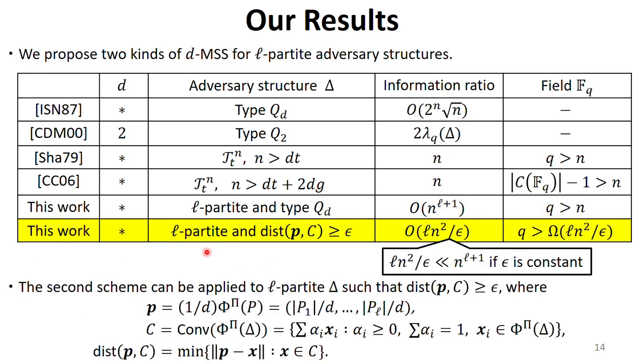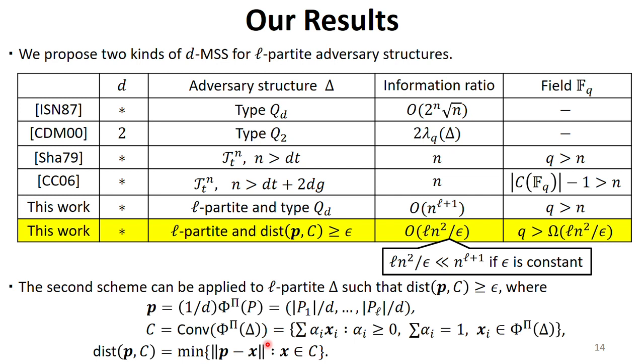So next, the second scheme is applicable to a smaller class of L-partite adversary structures. Specifically, let P be the vector defined like this, and C be the convex hull of the set of vectors.